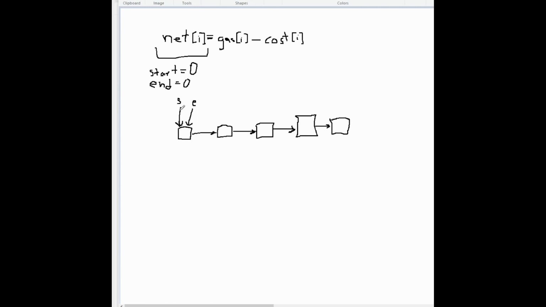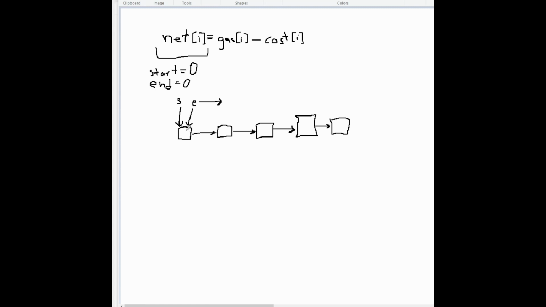And this is the initial condition of our algorithm, and how it will work is every time we will try to push end forward as far as possible for this starting position.